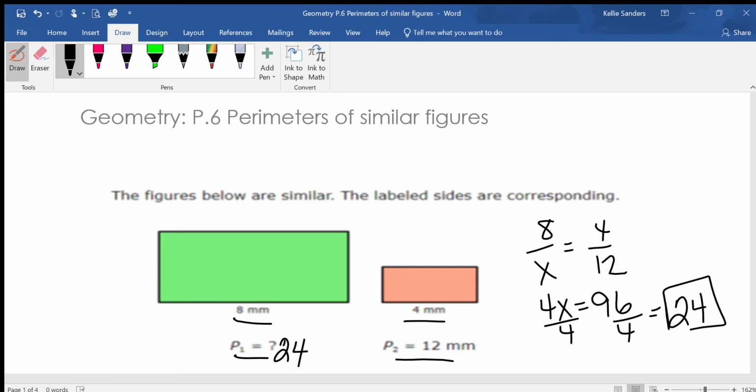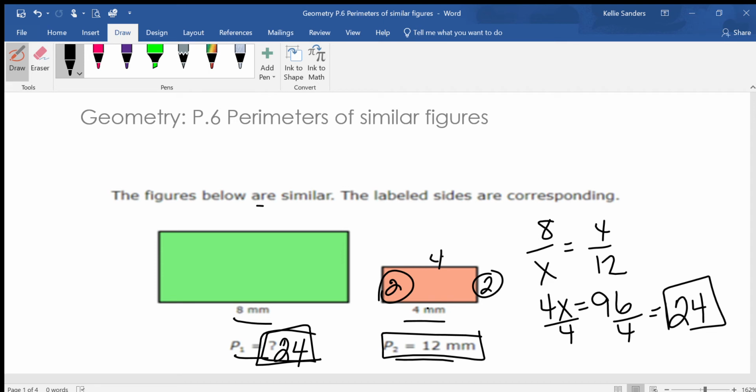Now let's go back to that 2, 2, and 4 earlier. We had 2, 2, 4. So 4 plus 4 is 8, plus 2 is 10, plus 2 is 12. That's why the perimeter of this one is 12. So that being said, 24 is the answer. But I'm just kind of showing you what's happening.